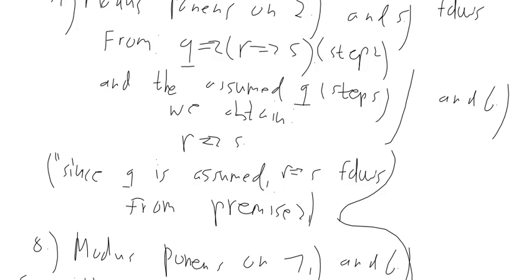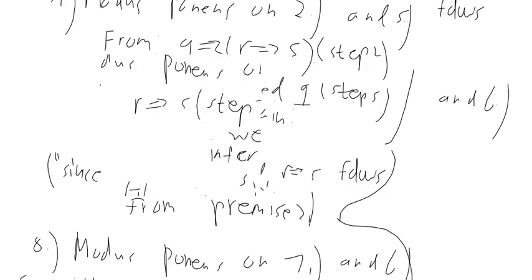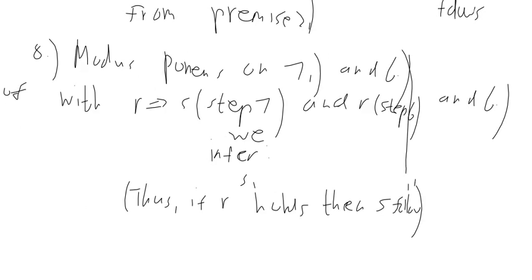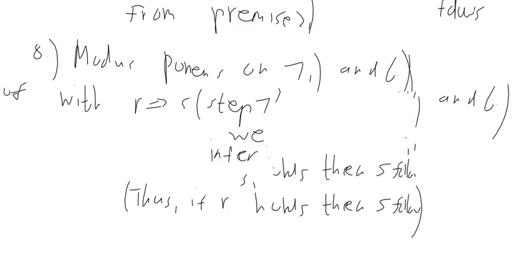Give me a moment. Okay, next page now. Because I used up all of the first page, we continue on the next page, where we have two more steps that we have to do for justification.